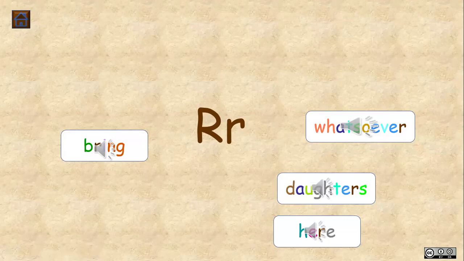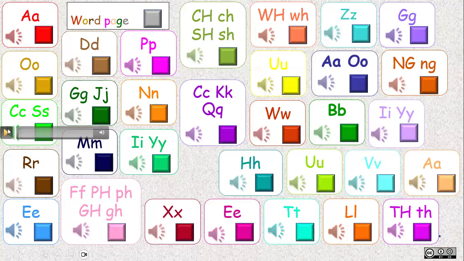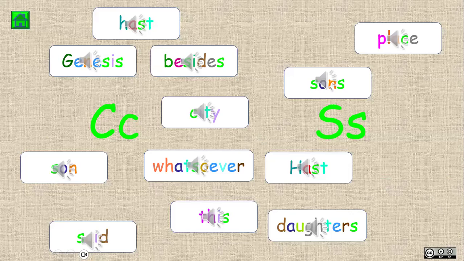The very last sound is that green S. Find it on the home page where it says s, and we'll find it on this page where it says daughters. You can hear the S there.